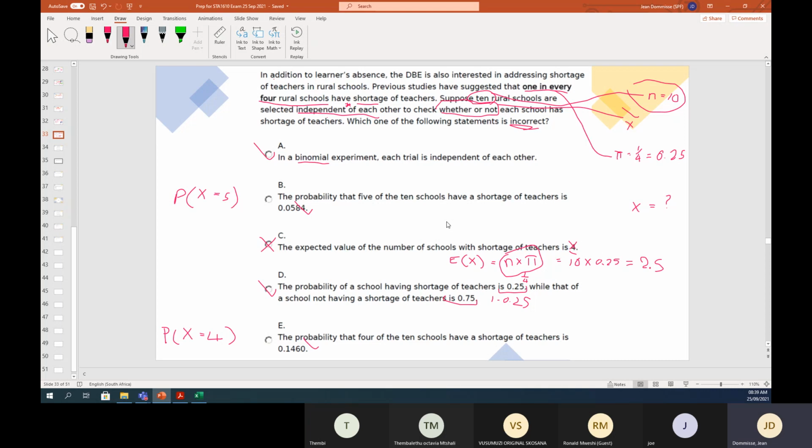Okay, so that was the Poisson where we looked at the expected value. We looked at binomial, where we looked at the expected value, at how to work out the probability when they give you x equal to something, and also where we needed to work out the pi because of the sentence that they've given us.